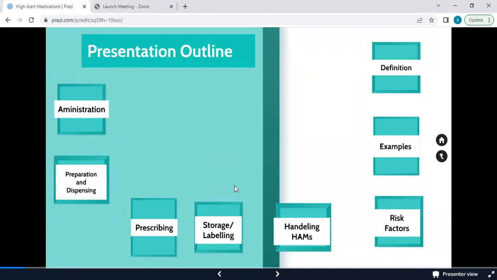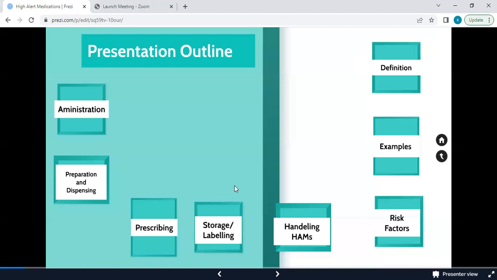We will also touch on the risk factors which make any error with high alert medication bothersome. And then finally, we will be touching on how to handle high alert medication.